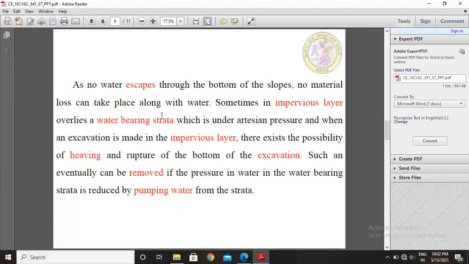Sometimes an impervious layer overlies a water bearing strata which is under artesian pressure, and when an excavation is made in the impervious layer, there exists the possibility of heaving and rupture of the bottom of the excavation. Such an eventuality can be removed if the pressure in the water bearing strata is reduced by pumping water from the strata.